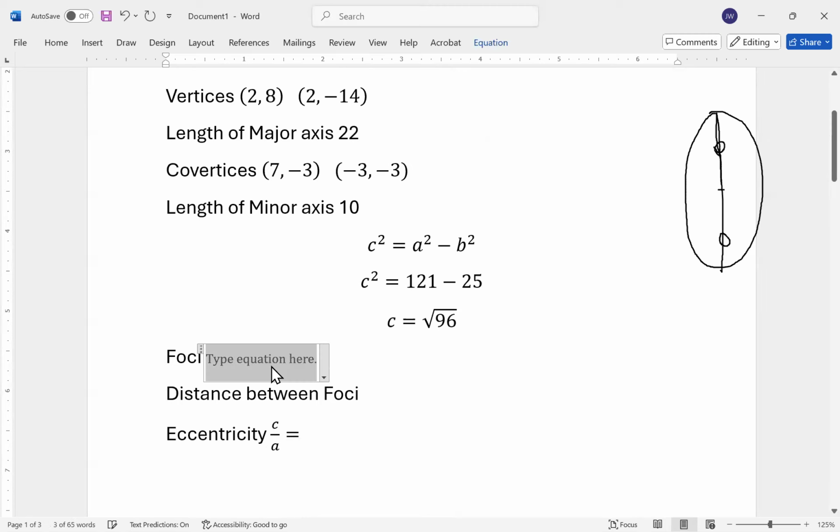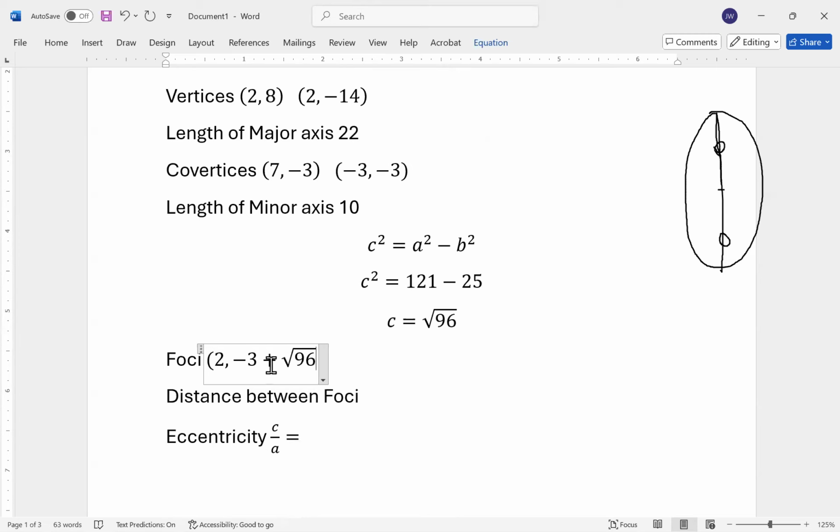So here's what we do for the foci. The first focus is going to be at (2, -3 plus the square root of 96). And the second focus is going to be at (2, -3 minus the square root of 96). Obviously, each of those y values can be transformed into an approximate decimal if we'd like, but those two y values will be irrational numbers.